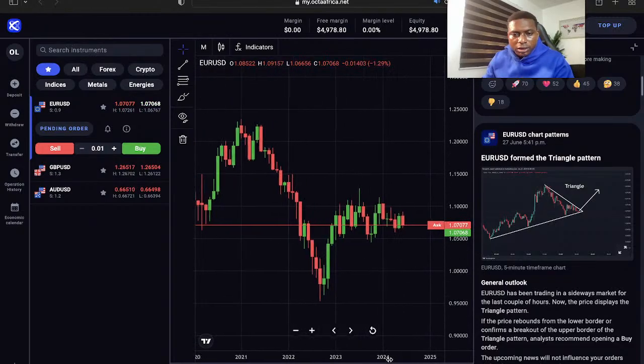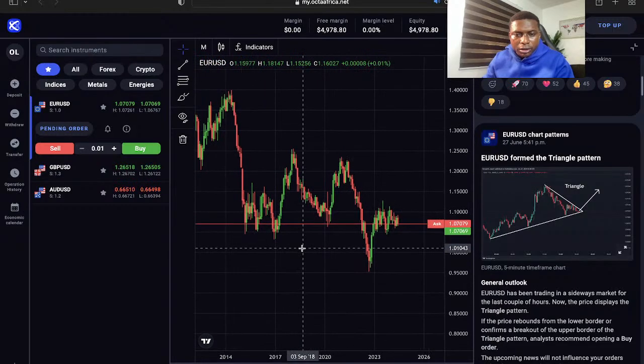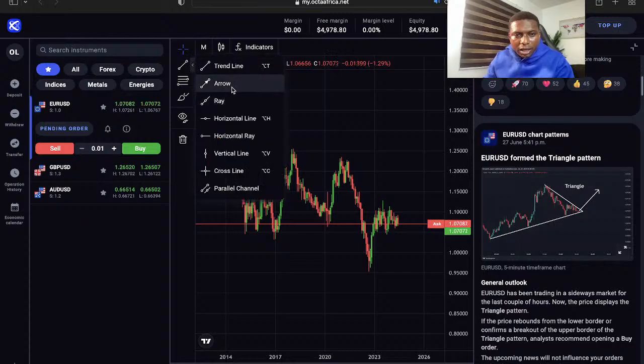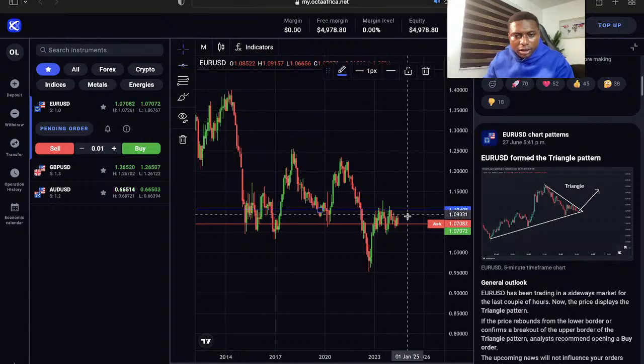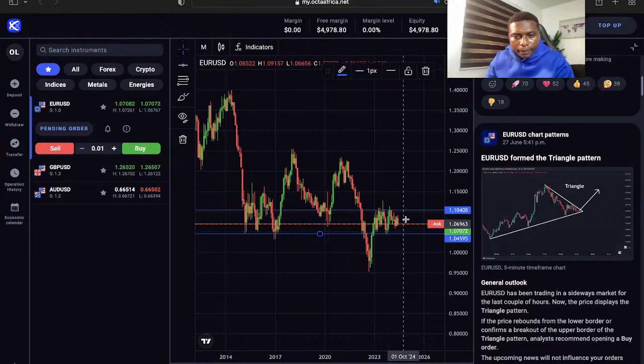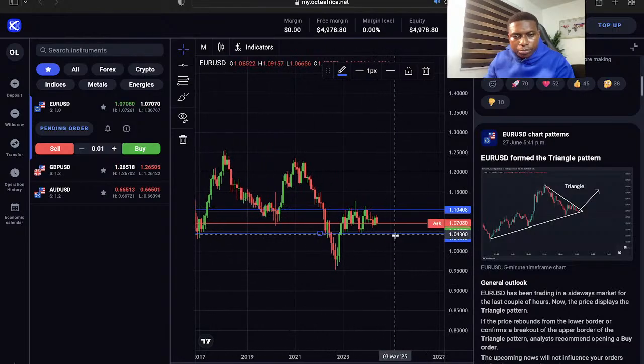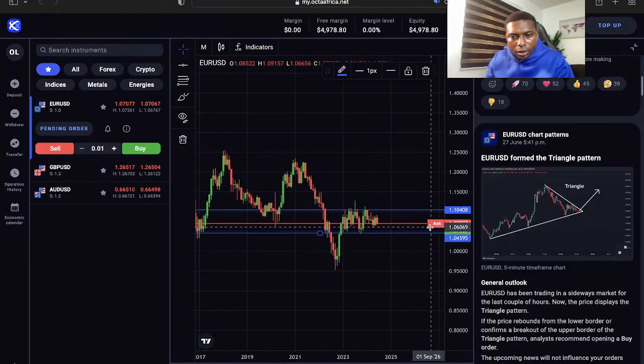We can see that Euro USD has been consolidating at this level.